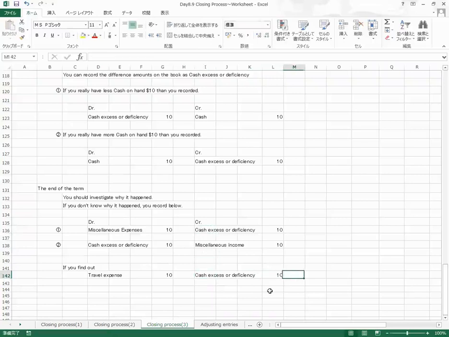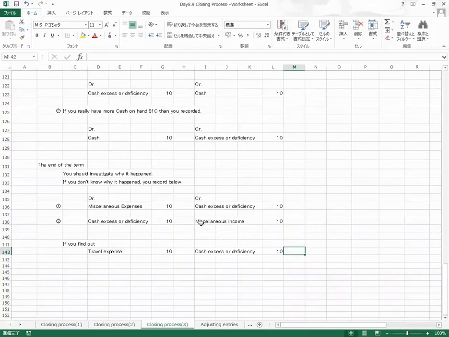Then the cash excess or deficiency account disappears. In this way, the account cash excess or deficiency would vanish, so the record and the real amount are adjusted, with no difference.